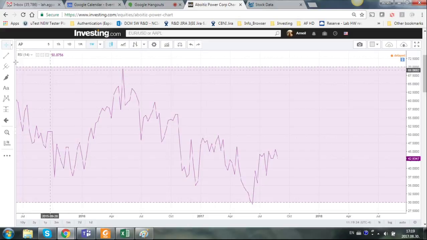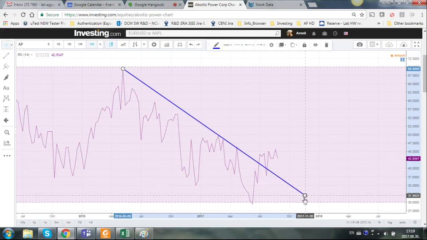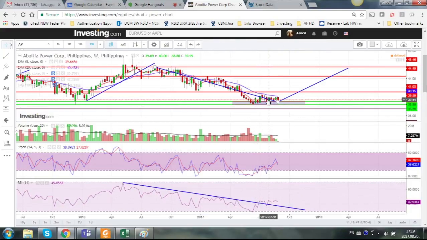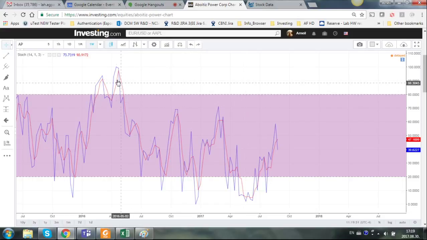So RSI is a good indicator for that kasi isang line lang yung ginagamit niya. So ito, this point, it's a point of reversal. So, yan. Dito nga yan. So, I will buy here. I can also use the stochastic.